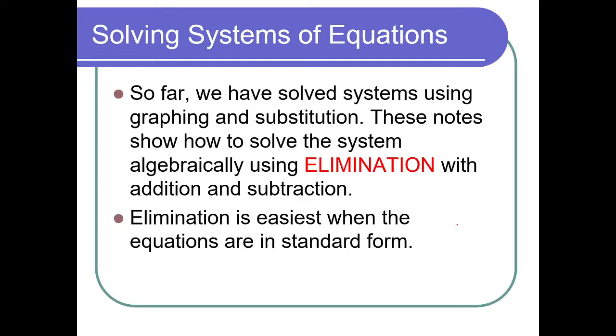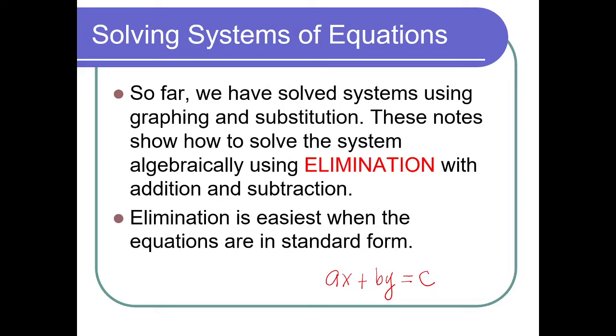Elimination is easiest when the equations are in standard form. When I say standard form, the x comes first, followed by the y, that is equal to the constant term. So a, b, and c there are numbers.